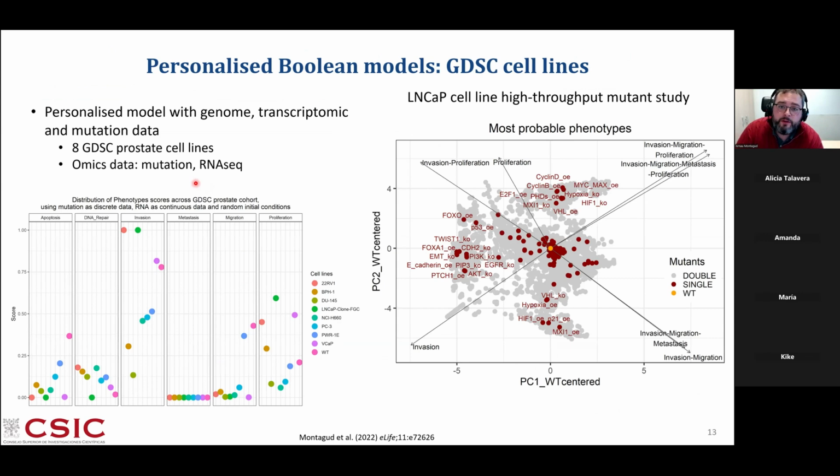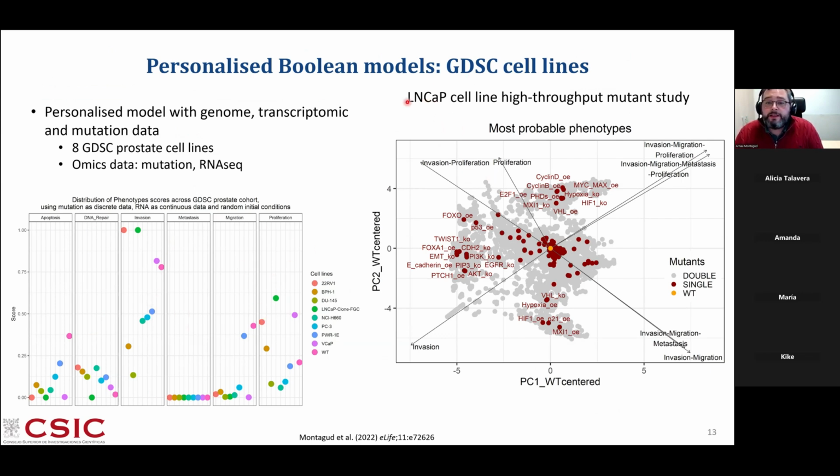So a few examples of what we can do with this personalization, looking at the different prostate cell lines, is to study their values at the different phenotypes. So we can see that comparing the wild type with the different cell lines and personalizing them with mixed data, we see that they have different values of the different scores in these phenotypes.